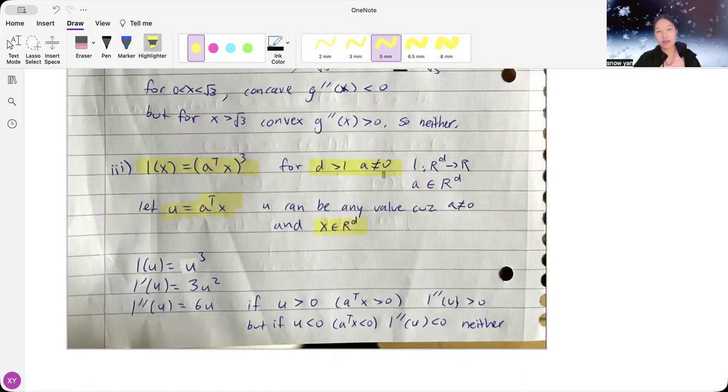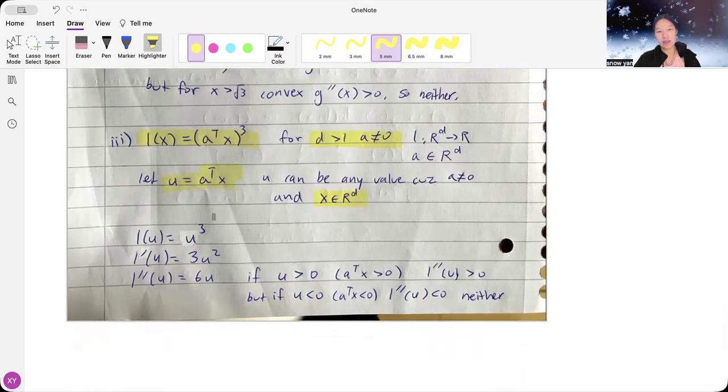So if you have something of a and something of x, that can be anything. The result of u could still be any value because a is not equal to 0, right? So then we can just think of it as L of u, and then this is to the third power, right? And then we can take the derivative of that, and then the second derivative of that.